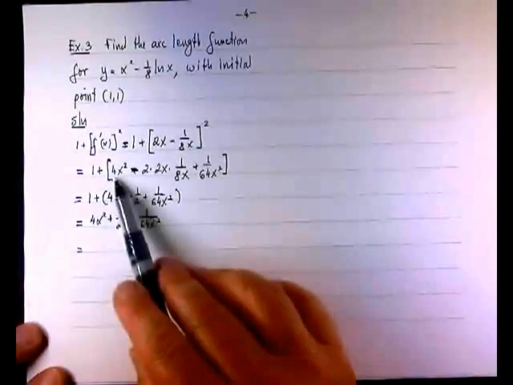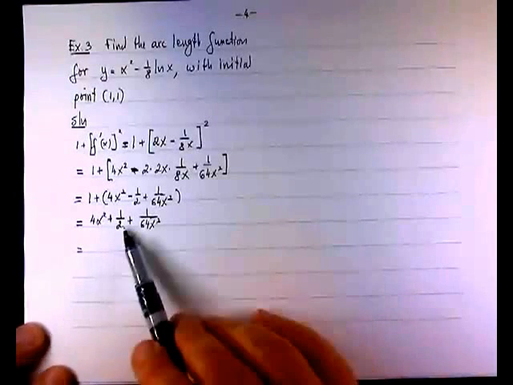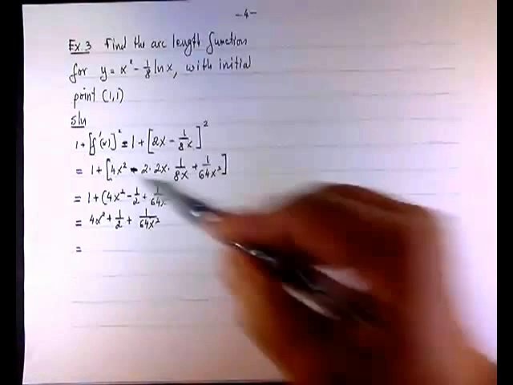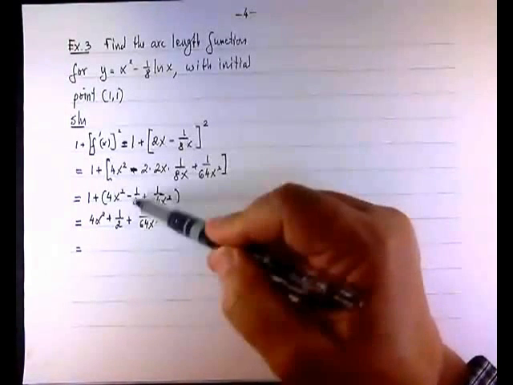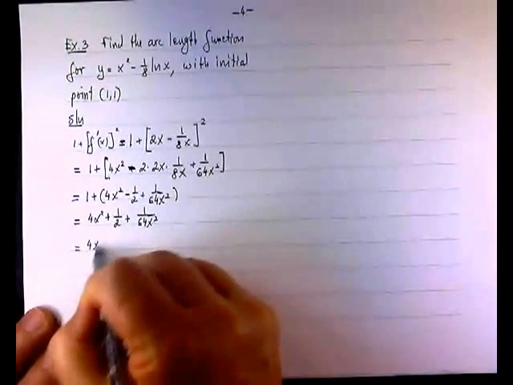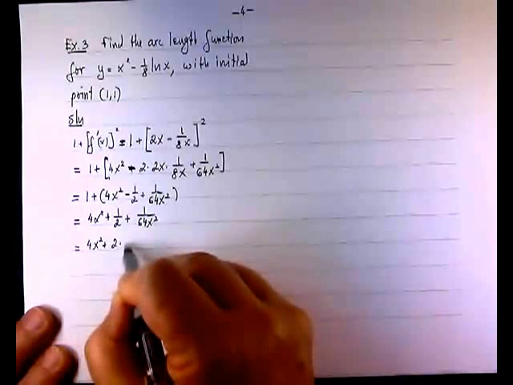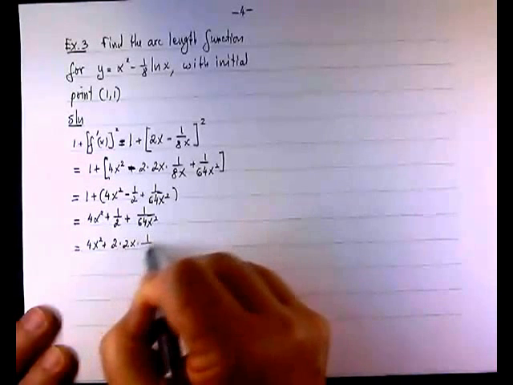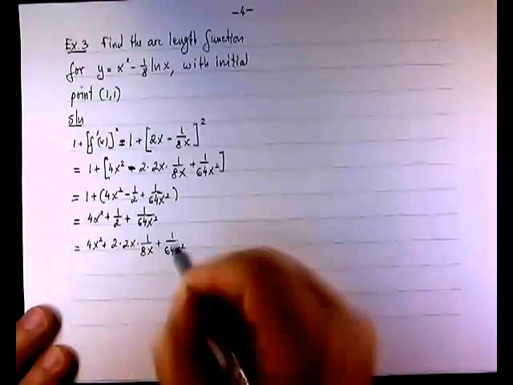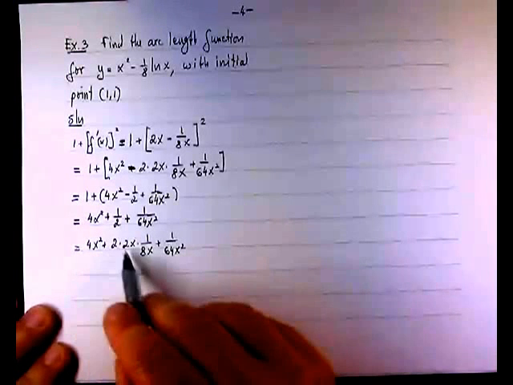Look at this expression. Remember, when we had 2x minus 1 over 8x squared, we ended up having 4x squared minus 1/2 plus 1 over 64x squared. Now we have 4x squared plus 1/2. It is the same thing with a change of sign. Instead of negative 1/2, we have positive 1/2. So I can write it as plus 2 times 2x times 1 over 8x plus 1 over 64x squared.